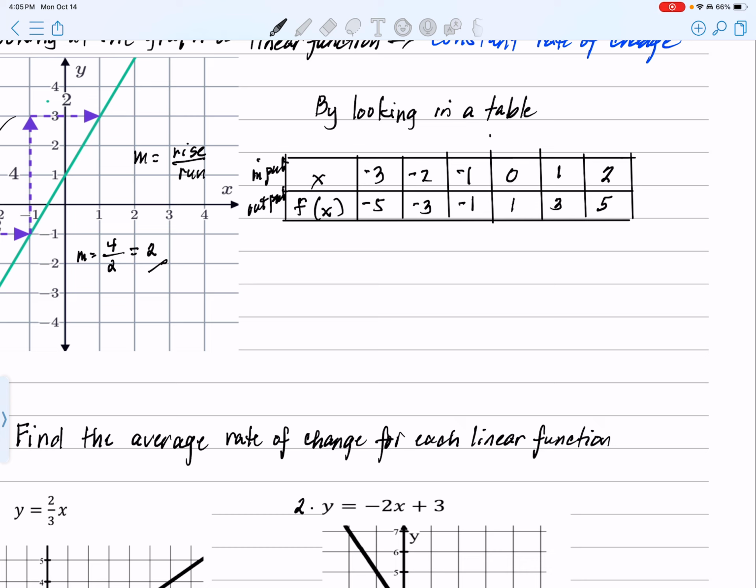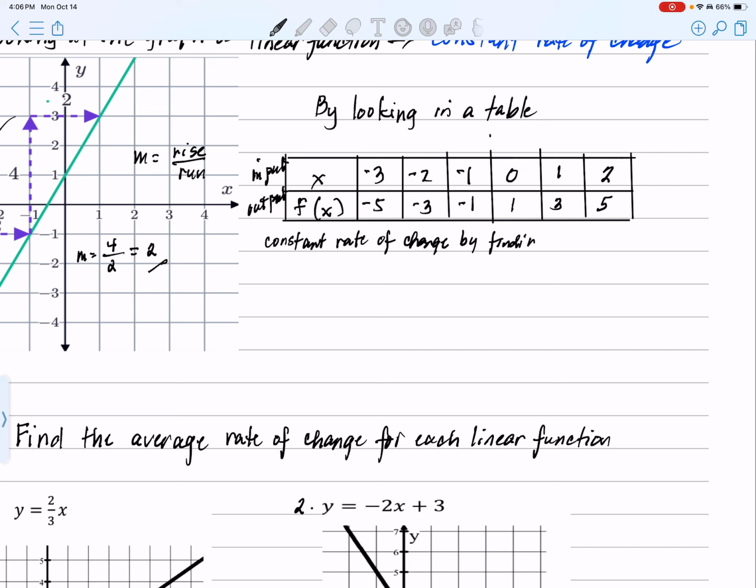By looking at the table, we'll try to get the constant rate of change. Let's see if the rate of change is constant. What are we going to do here?